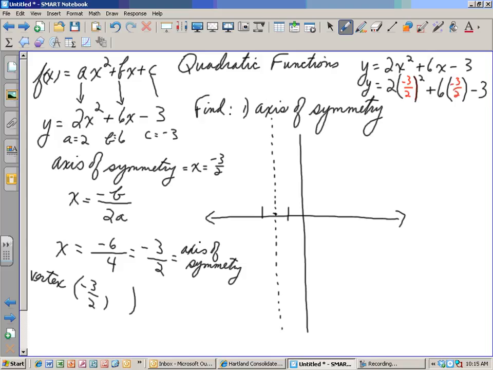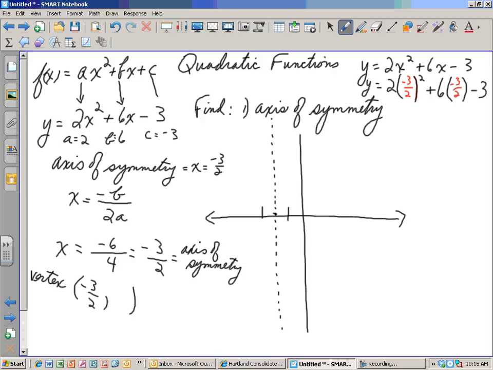Now watch. We'll go to our calculator, and we'll hit 2, parentheses, negative 3 divided by 2, or you can put negative 1.5, squared, plus 6 parentheses, negative 3 divided by 2, and then minus 3.